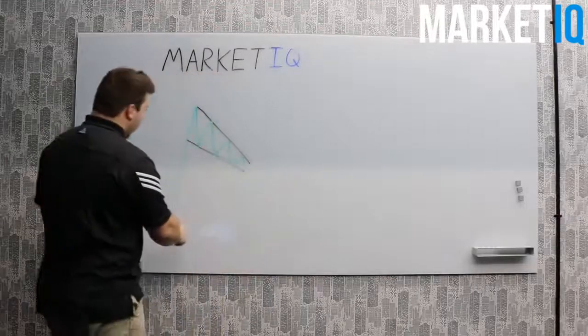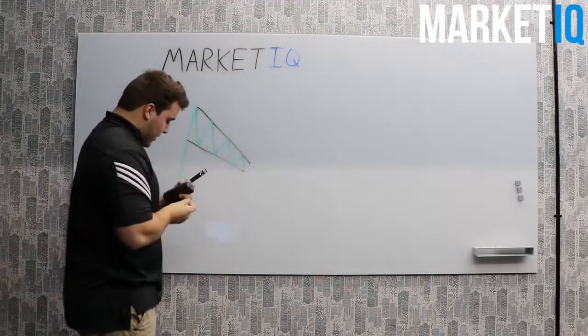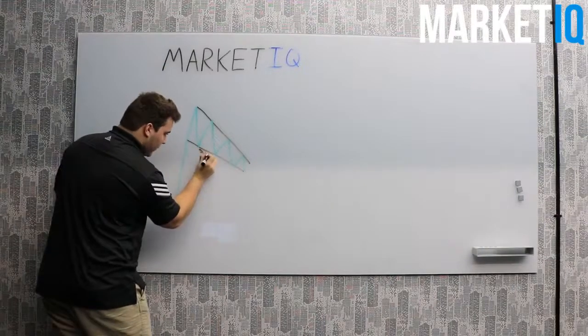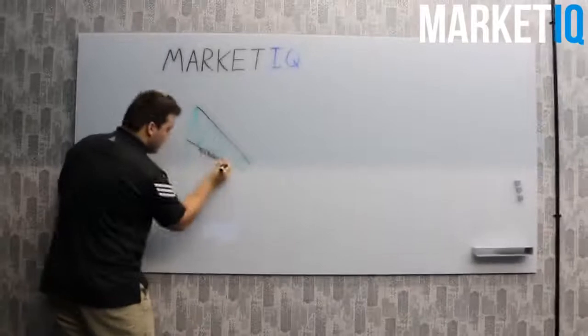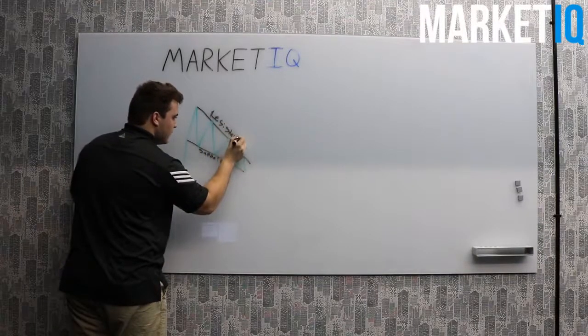So we have the price that surges up, comes into the wedge pattern formation, and all this is a line of support. Resistance.